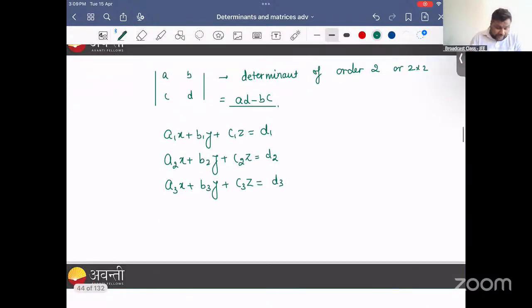If you try to find the solution, the value of x will be delta 1 upon delta, y will be delta 2 by delta, and z will be delta 3 by delta.